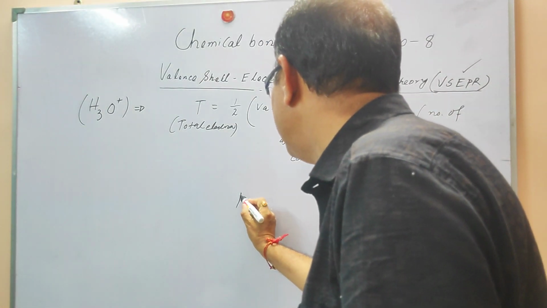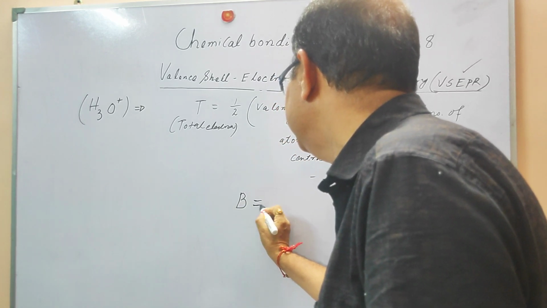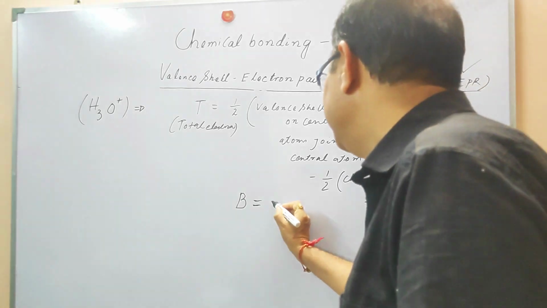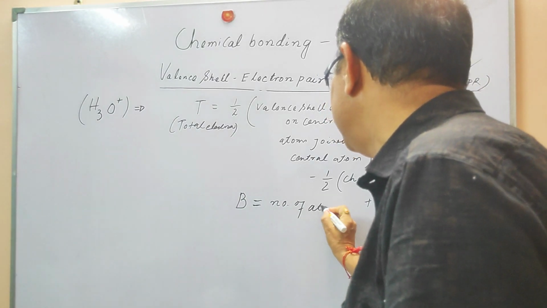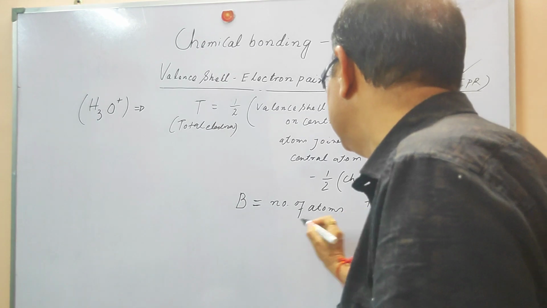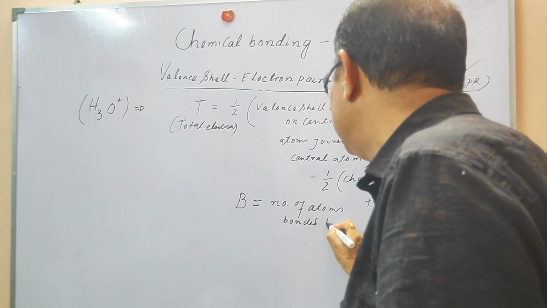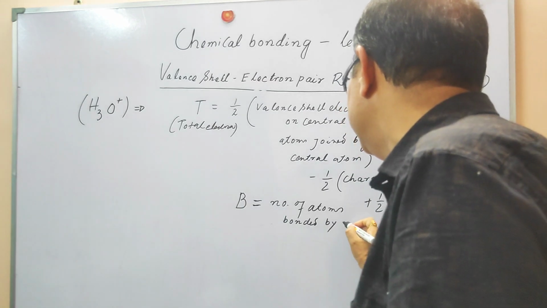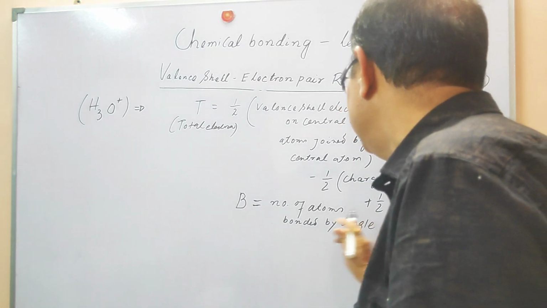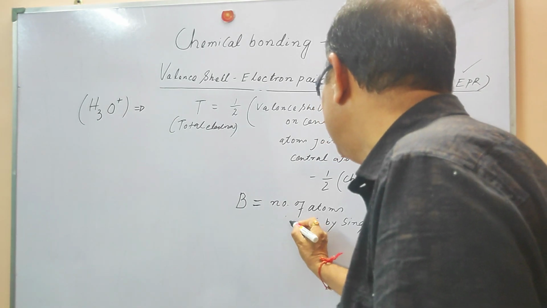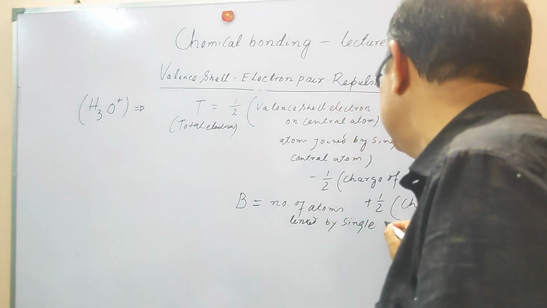Now we have to know the bond pair electrons. For this, another term, B. B is the number of atoms bonded by single bond, or we can write, the number of atoms linked by single bond.